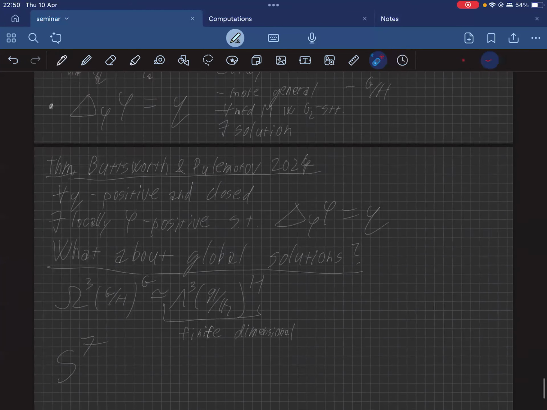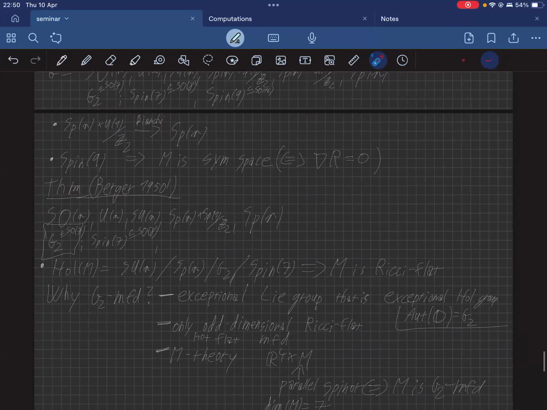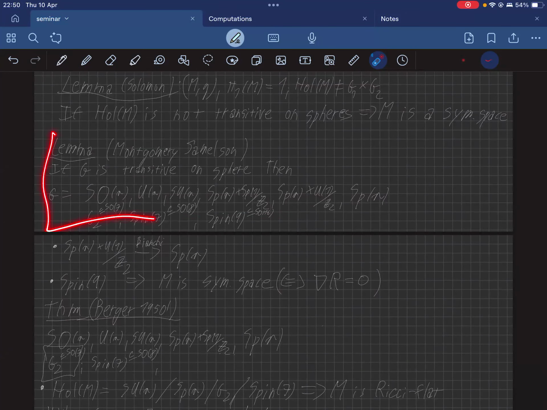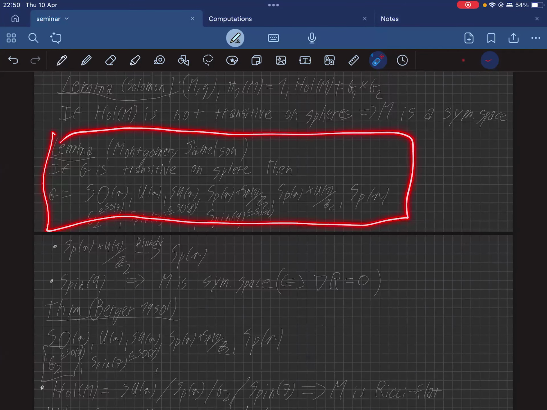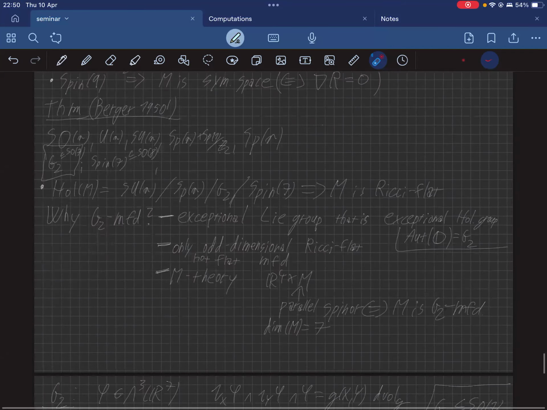Hang on, I have a lemma for that, about all the groups that act transitively on a sphere. So it is enough to choose the groups that have the right dimension, which are, of course, all of these infinite families, plus Spin(7). And those are all the homogeneous structures on the seven-dimensional sphere.